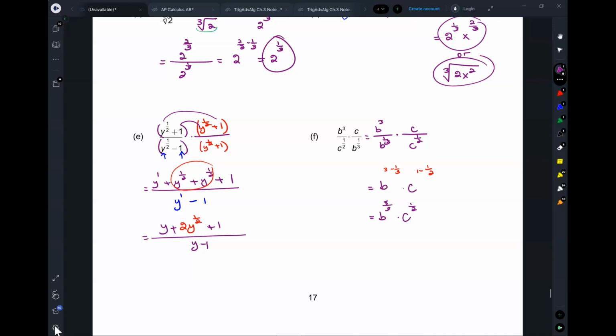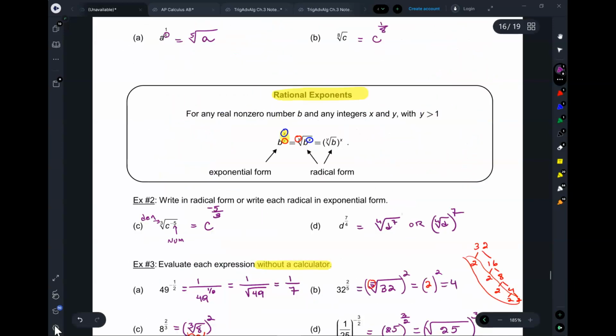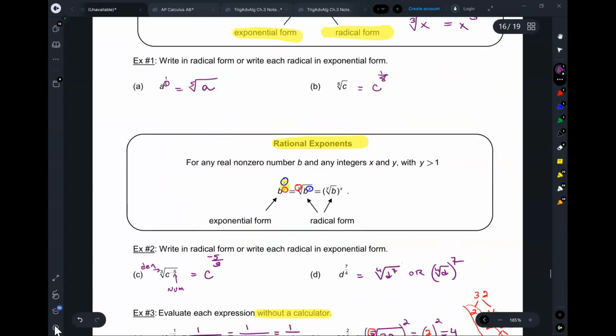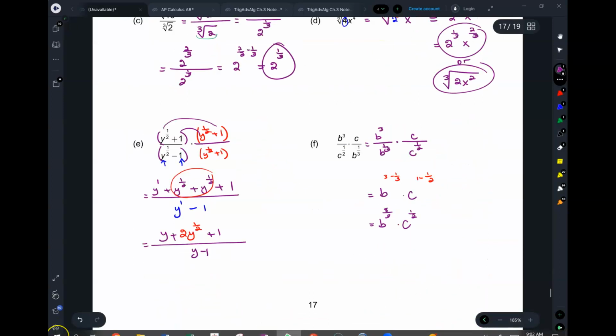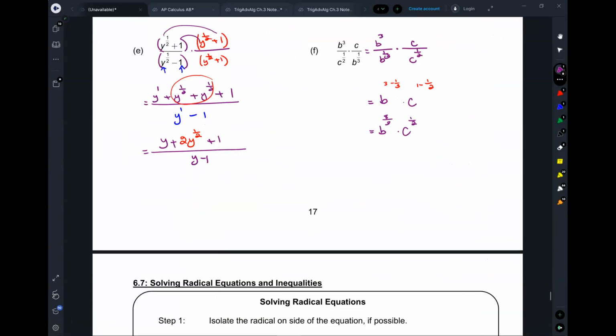Okay, is it? What did we say about rational exponents before? In the very beginning, we said we always have to make sure that this is a proper fraction, right? That the numerator is always less. Is that the case here? The numerator is not less.